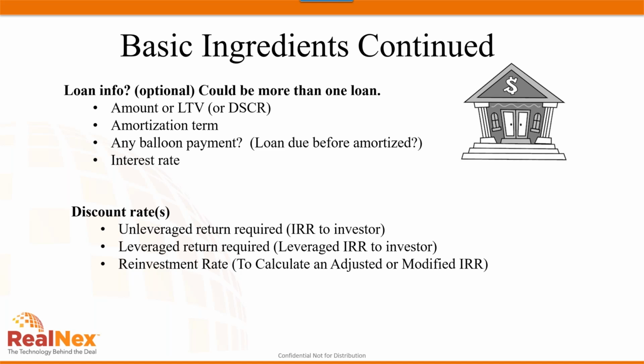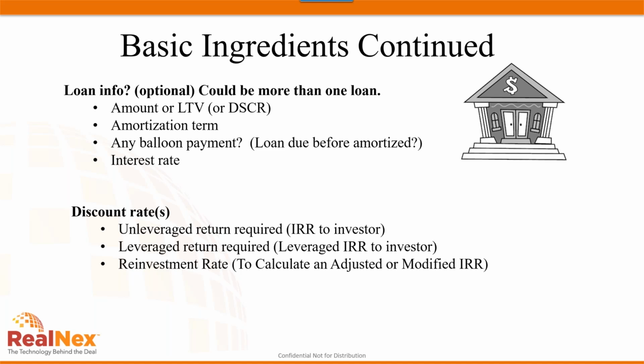So we'd put in a discount rate, either unlevered or levered, depending on whether we're putting a loan in our analysis. And then if you took CCIM courses or you're a CCIM, you've been drilled into maybe we should calculate something called an adjusted, or the Appraisal Institute calls it a modified IRR. That says, well, what rate can I reinvest the money that I'm getting every year in?